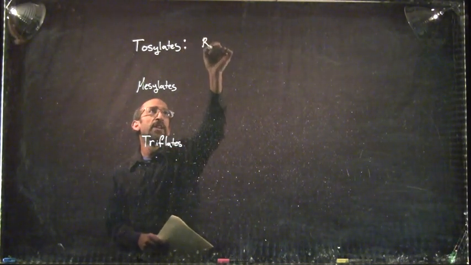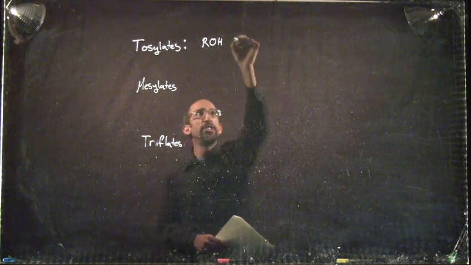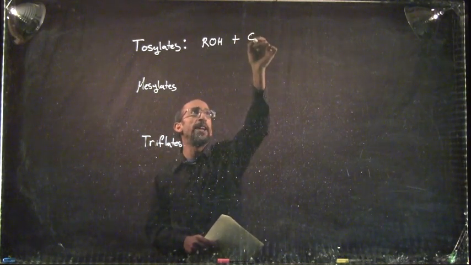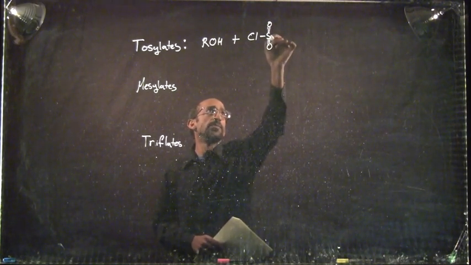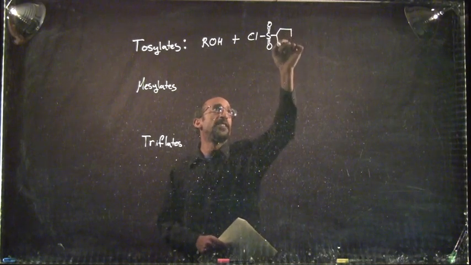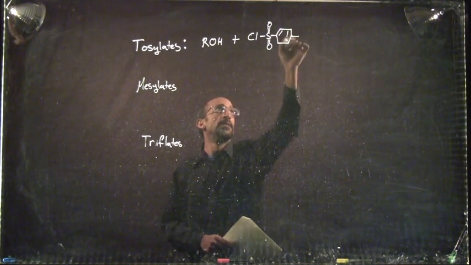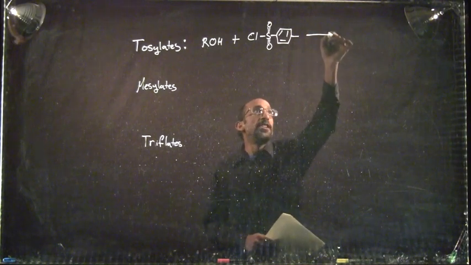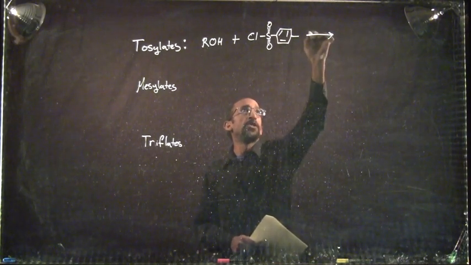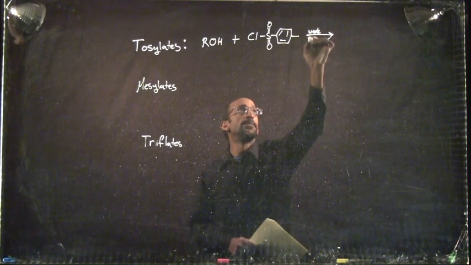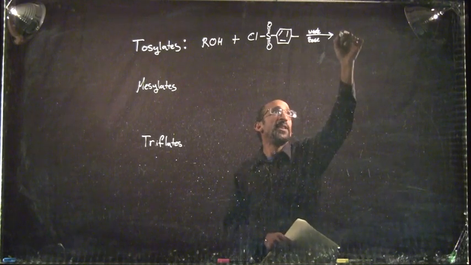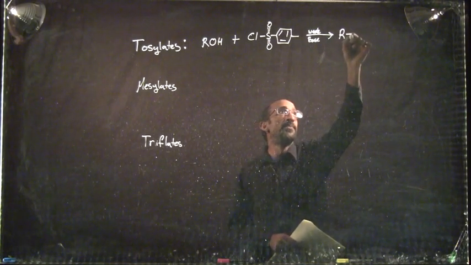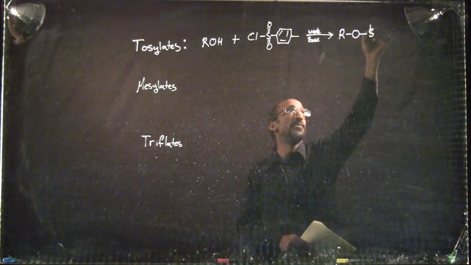So to form a tosylate, we begin with our alcohol, and the reagent that we combine it with is known as tosyl chloride, which has this structure. Again, we can use either pyridine or triethylamine, so I'm just going to write weak base over my arrow. And that's going to give us our tosylate ester that looks like this.